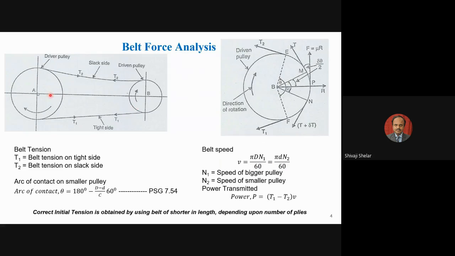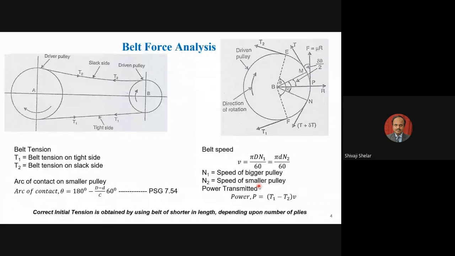With the bigger pulley diameter, it will be pi D N1 upon 60, where N1 is the speed of the bigger pulley. Or it can be pi small d into N2 upon 60, where N2 is the speed of the smaller pulley.